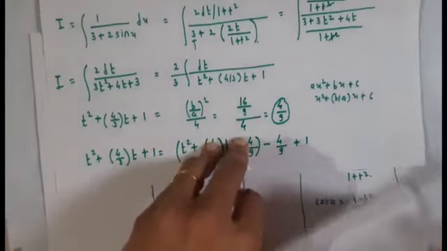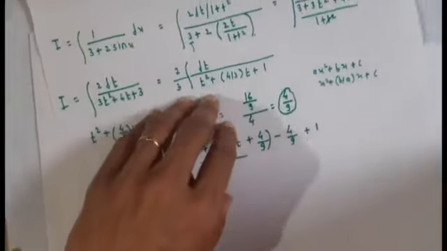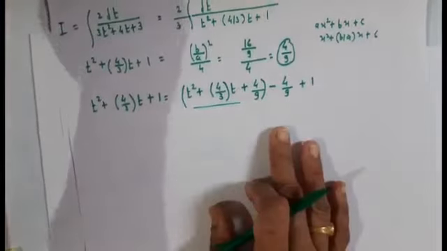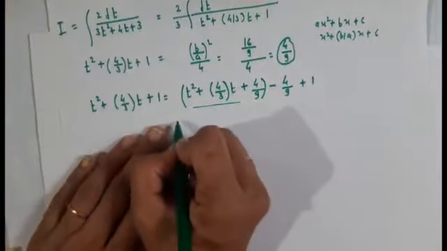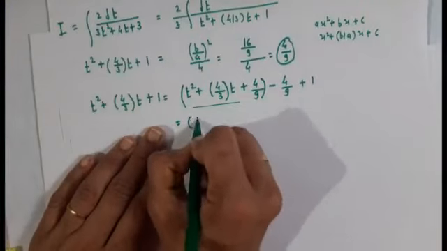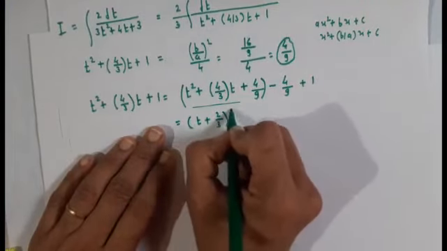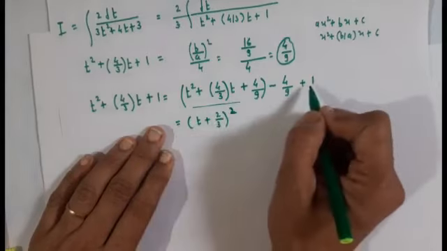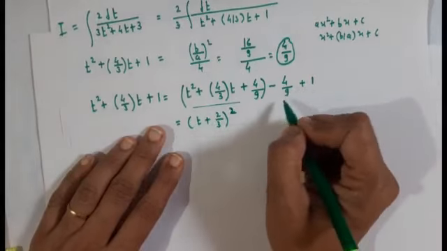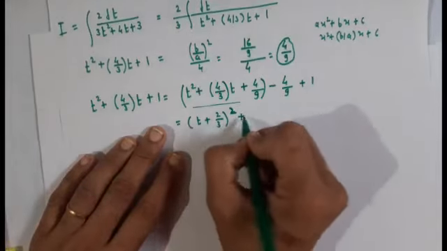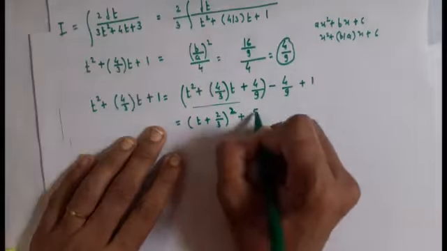Okay students, now this is equal to t plus 2 by 3 whole square, and the calculation of this is plus 5 by 9.